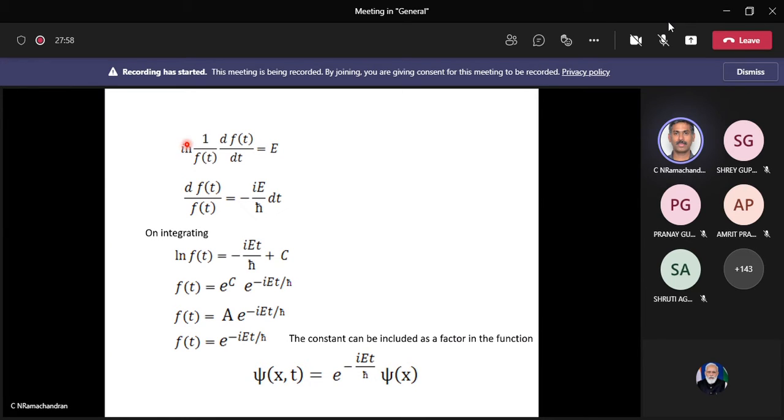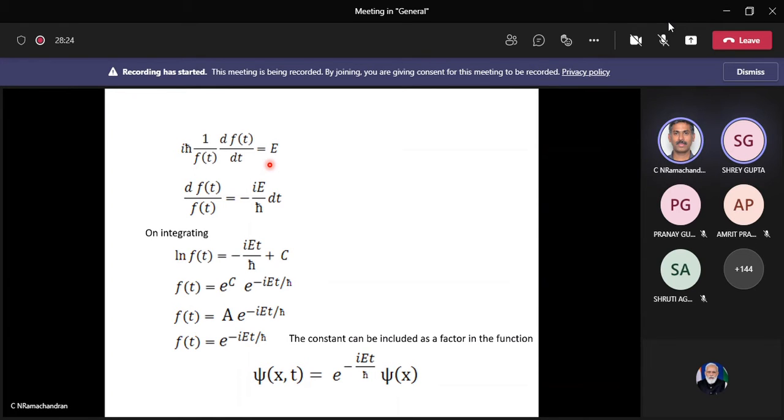You see, i ħ, you take these to the other side, so it will be 1 by i ħ. Yes sir, and that i is iota. Yes, always remember this i, whatever I am telling, it is iota, the complex number. This i is root of minus 1.